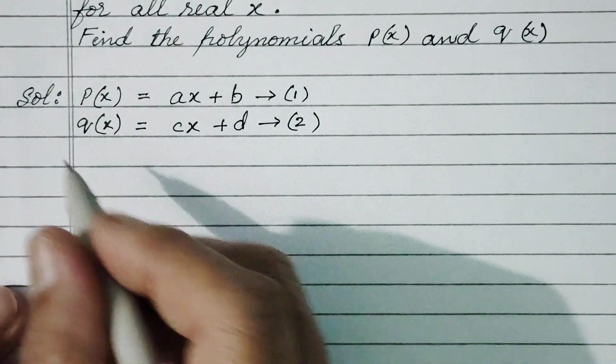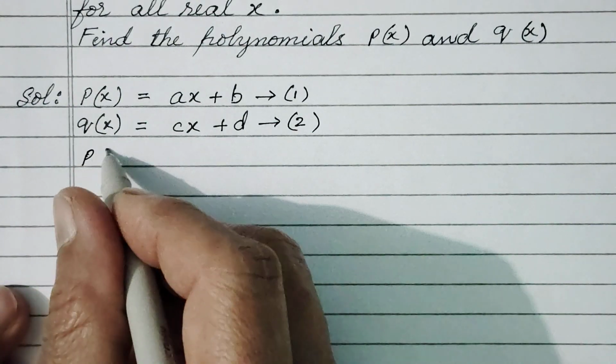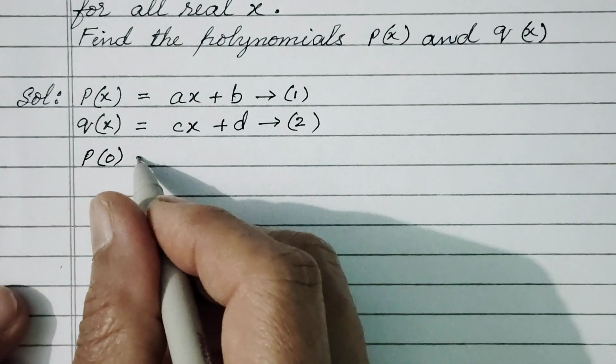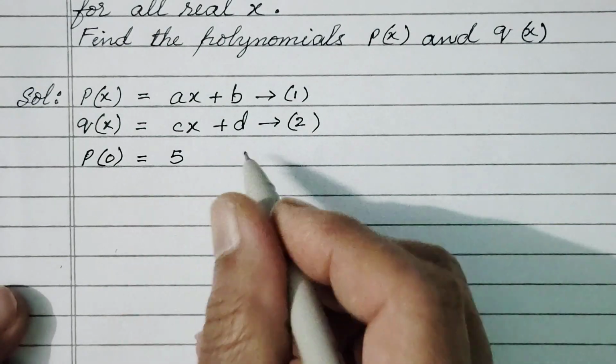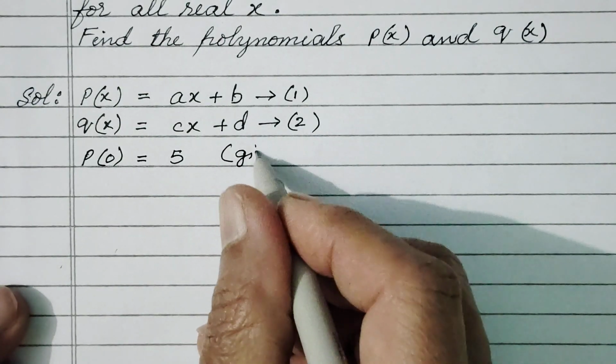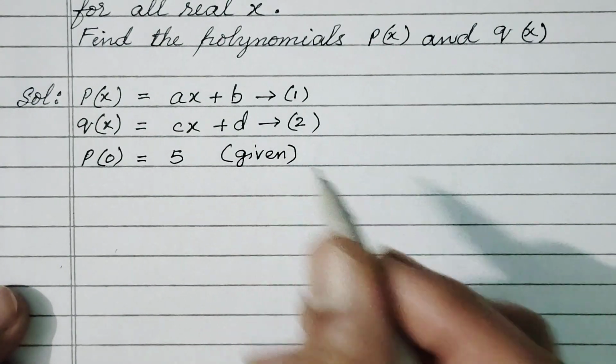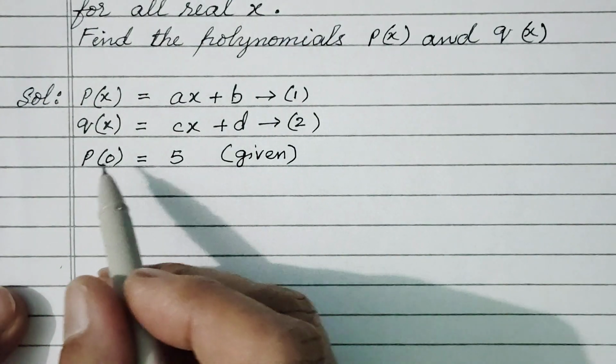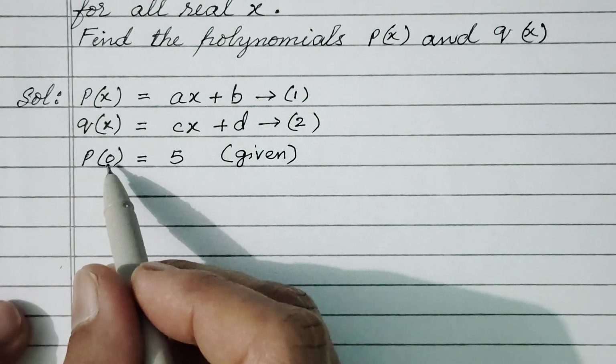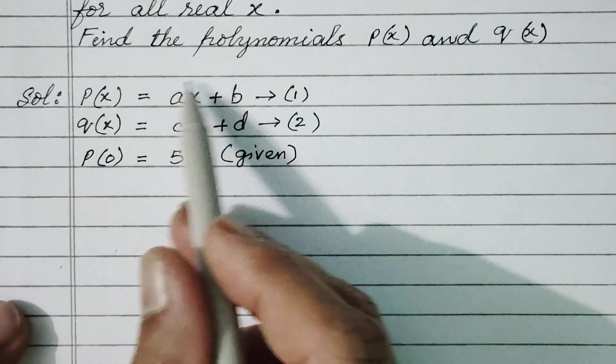Now we have been given that p(0) is equal to 5. It means, if x is replaced with 0, the value of the polynomial becomes 5.